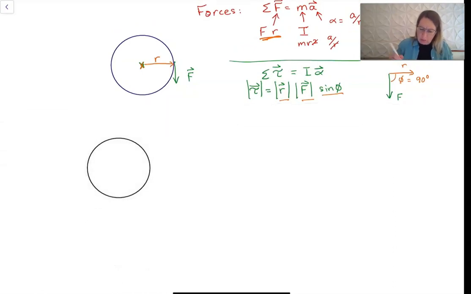So if, for example, we look at this wheel, we apply our force again at this edge, but we apply it like this, I think you can see that, there's my R again, the only part of the force that works towards rotation is this component right here. We want this component of the force.